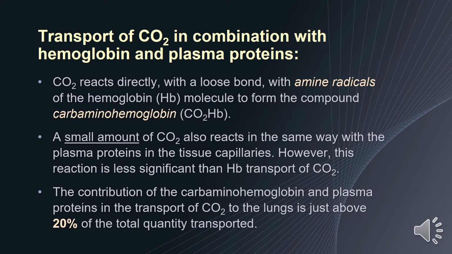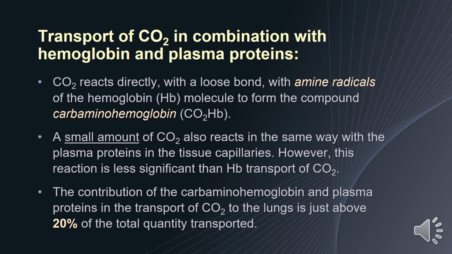The third method of the transport of carbon dioxide is the transport of carbon dioxide in combination with hemoglobin and the plasma protein. Carbon dioxide reacts directly with a loose bond with amine radicals of the hemoglobin molecule to form the compound carbaminohemoglobin, and it can be transported as such, attached to the hemoglobin.